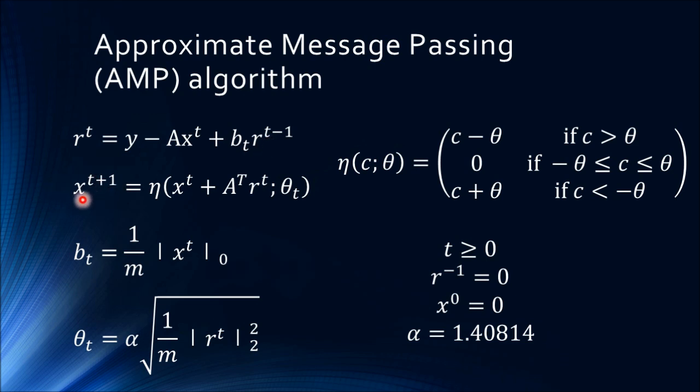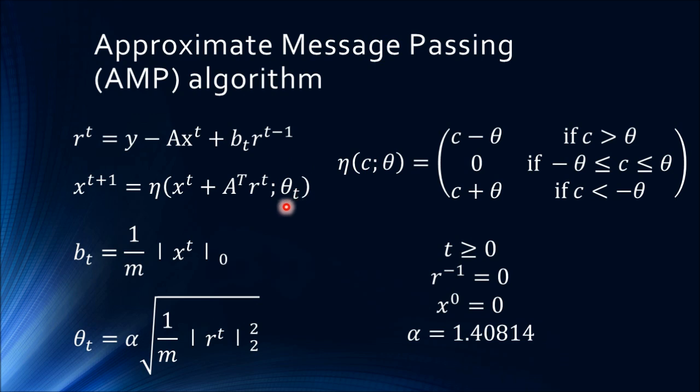The next guess is equal to this function of the current guess plus the transpose of the mix times the current residual. And then this really weird thing. I don't use semicolons to pass parameters, but it seems to be common in the mathematical notation. So it's all parameterized by this parameter theta t.